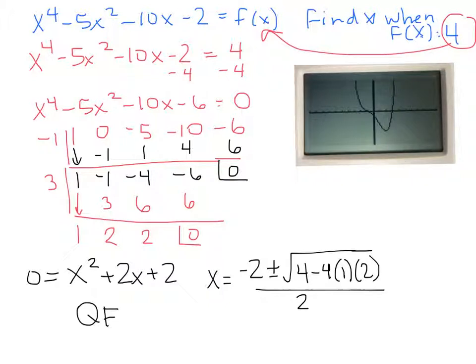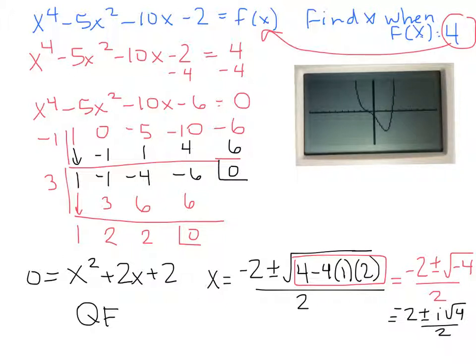So that'll be the square root of a negative number. So -2 plus or minus the square root of -4 over 2. So we have an imaginary set of answers here, -2 plus or minus i square root 4 divided by 2. We can leave that there because they're imaginary.